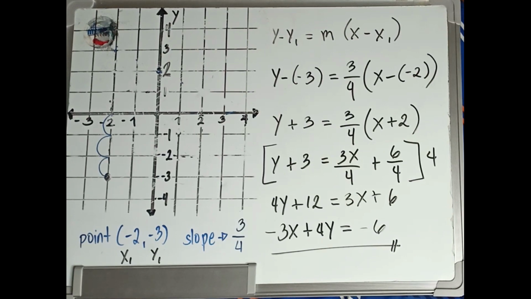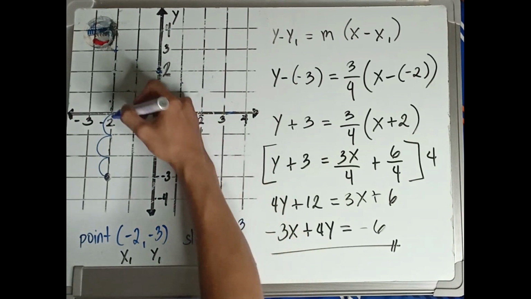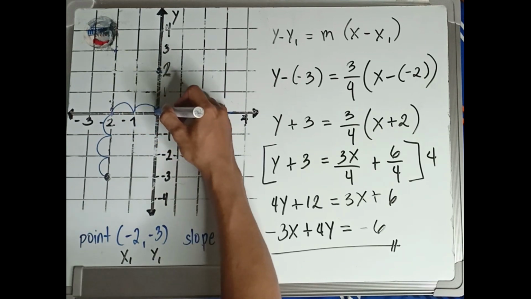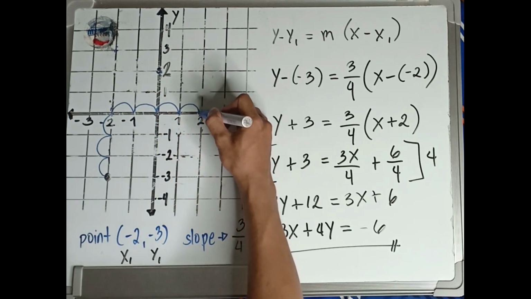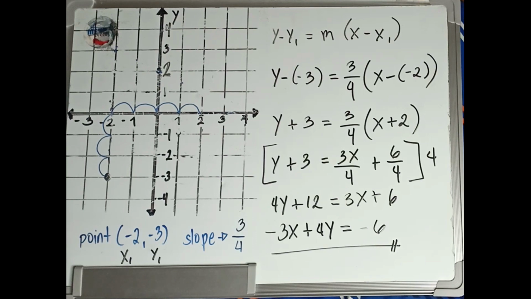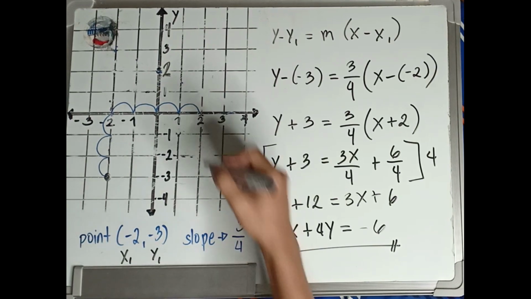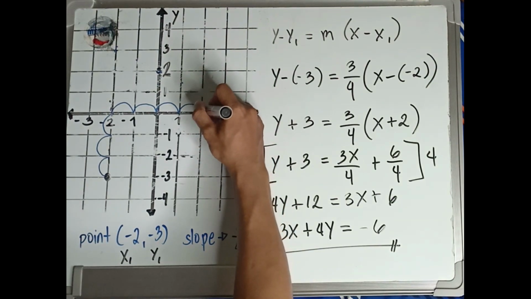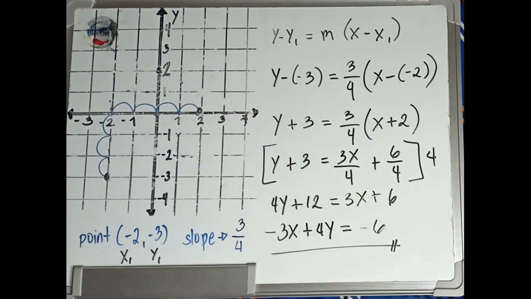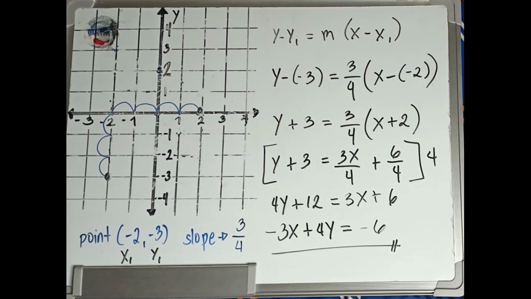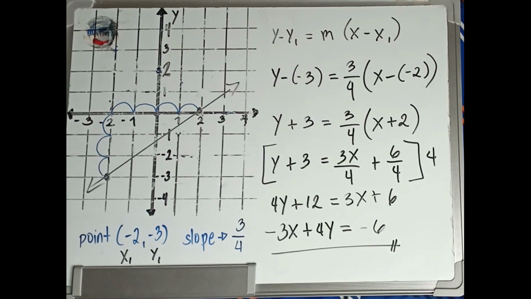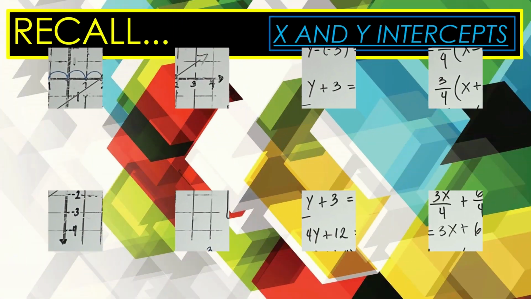So, we will move to the right 4 times. 1, 2, 3, 4. So, the point will be located at our positive x-axis. Then, to graph, we have to connect the 2 points. So, the graph of point negative 2 and negative 3 and its slope 3 over 4 will be this.